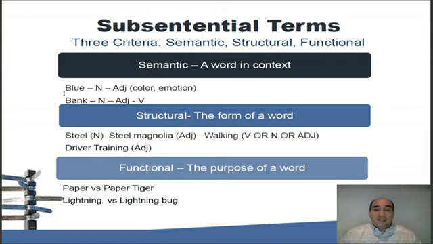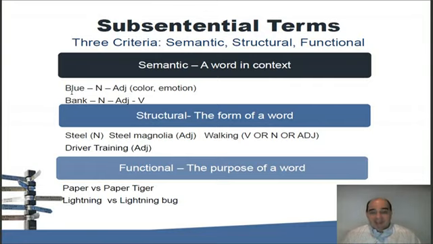At the semantic level, you've got to realize that when you're looking at a word in a sentence, for example, blue is a noun or an adjective, a color or an emotion, or a color as an adjective as well. Depending on where it is in the sentence, that may also play a factor in what its meaning is. Depending on the context of all the words around it, it may influence what the word's meaning is.